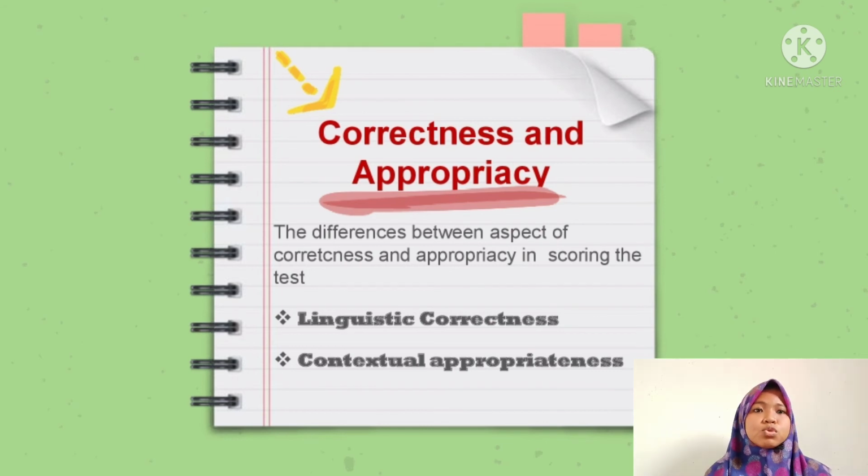So we have to score whether our students have used the word Mr. appropriately by considering the cultural aspect and the context where the language is used. So Mr. should be used with the first name, because the second name refers to the family name.